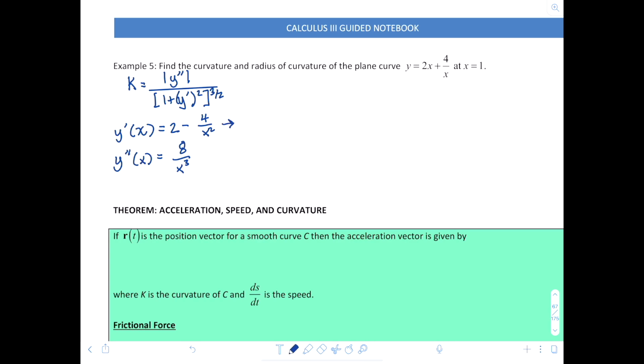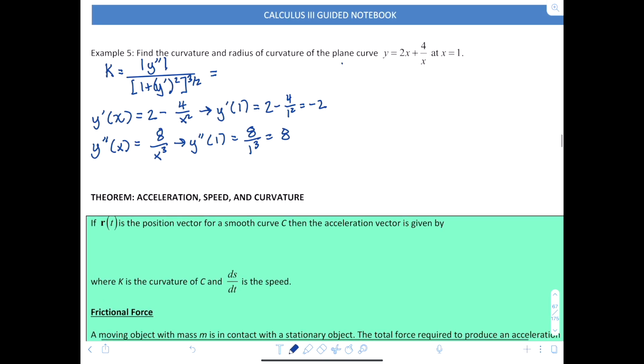We need to find y prime at 1, because x is 1. And so that's just going to be 2 minus 4 over 1 squared, which will be -2. And then y double prime at 1 will be 8 over 1 cubed, which is 8.